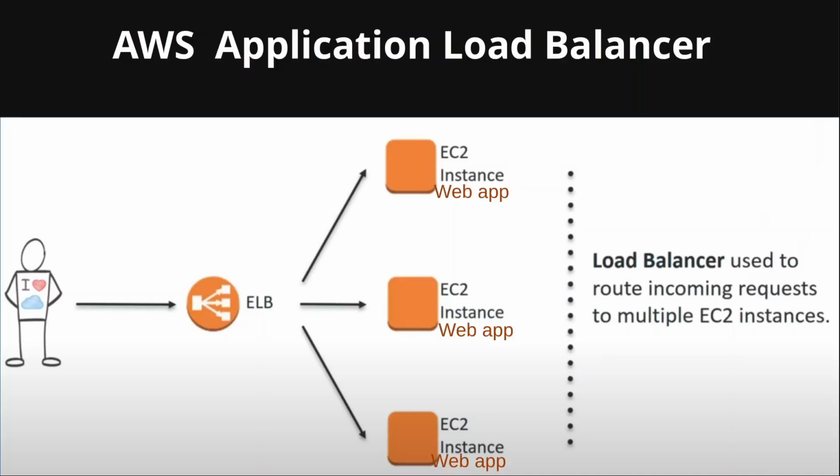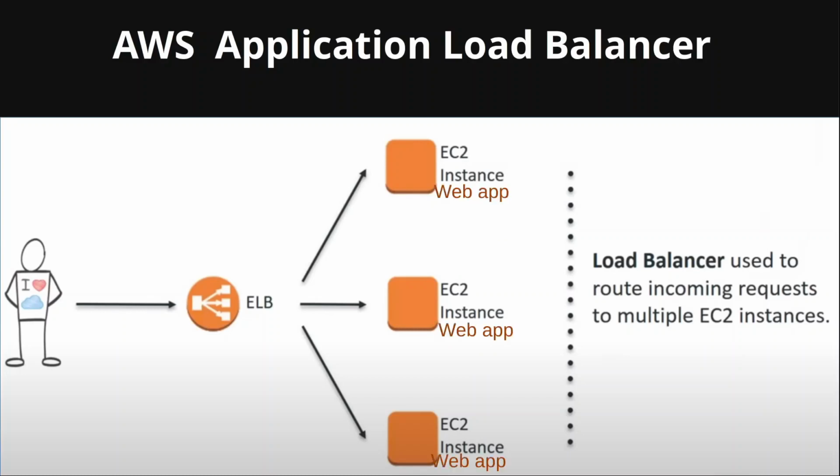In our previous video, we created an EC2 instance, connected to it via SSH, and then installed a web application on it. Now let's look at a situation where business is booming and we have to add more servers so that customers can access our application.